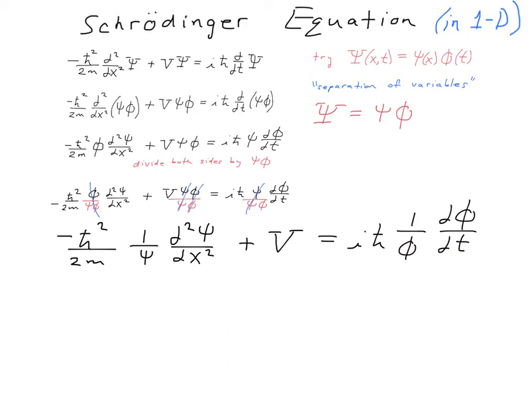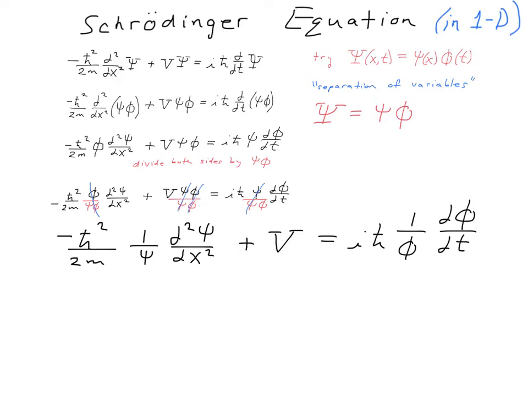Here we have a partial derivative with respect to time. So we have a side that depends only on space, a side that depends only on time. That is, we have separated the space dependence from the time dependence. And that, in addition to the initial attempt to factor the position and time dependence, is what gives this technique its name, separation of variables.